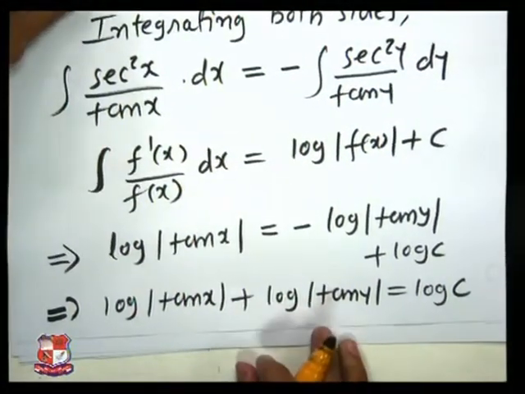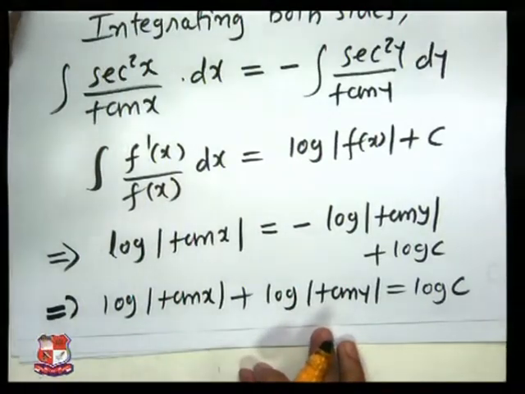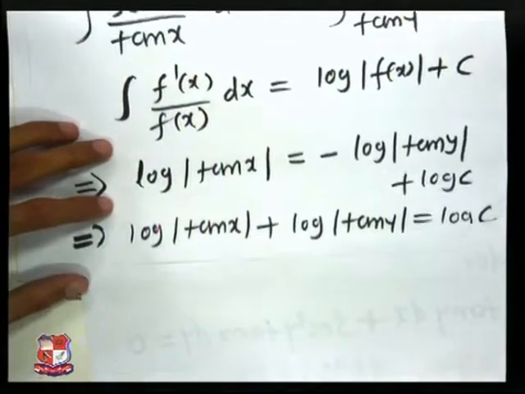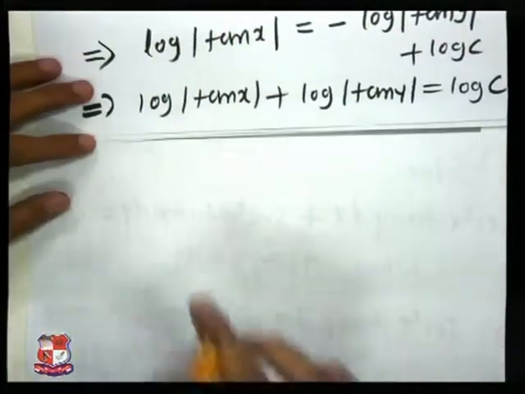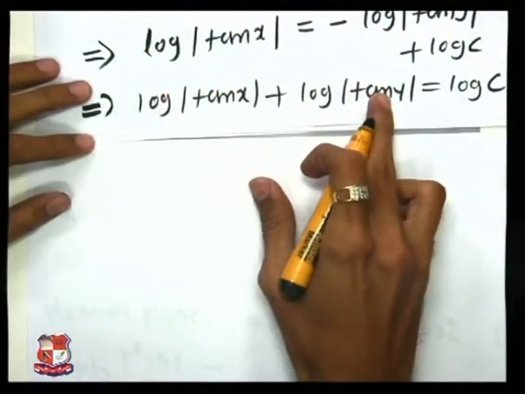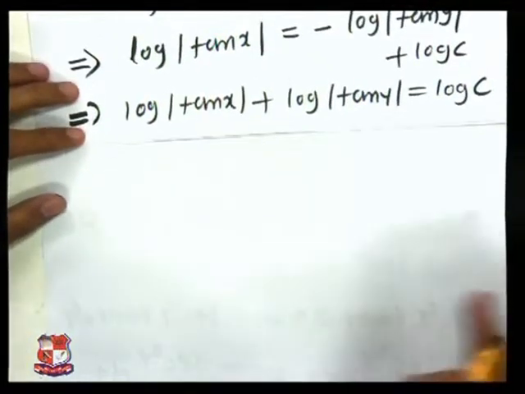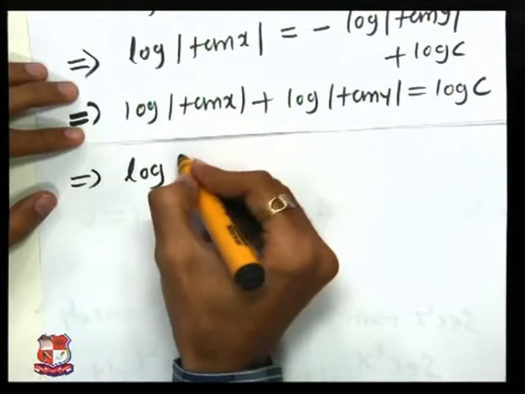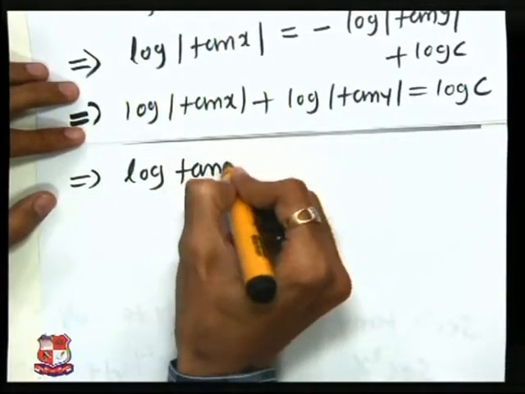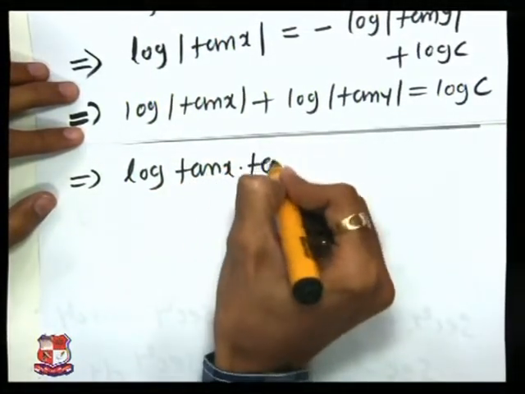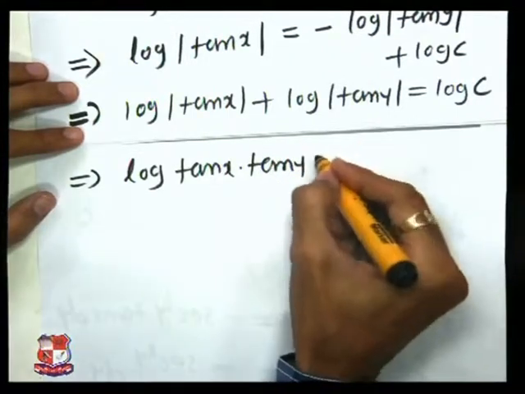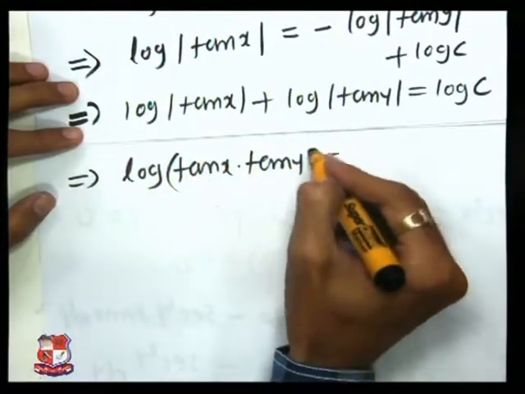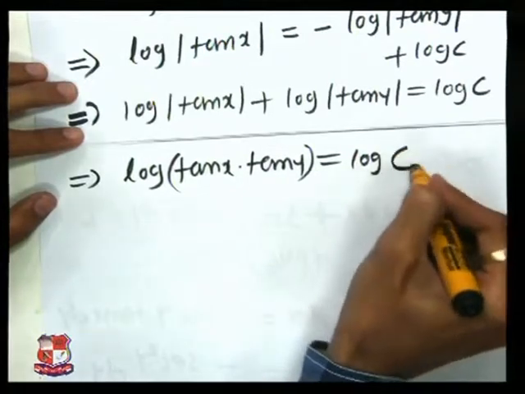We know that log a plus log b is equal to log a into b. So we will get log tan x into tan y is equal to log c.